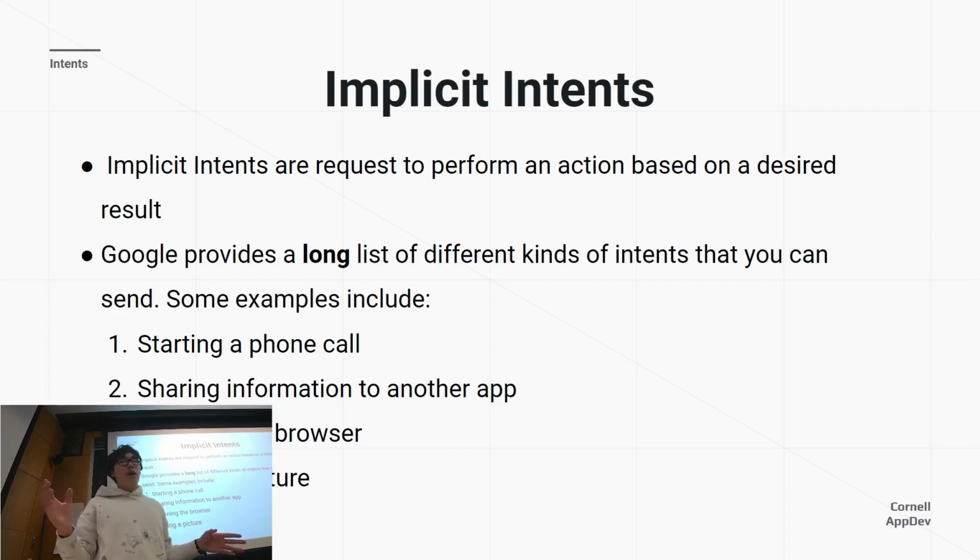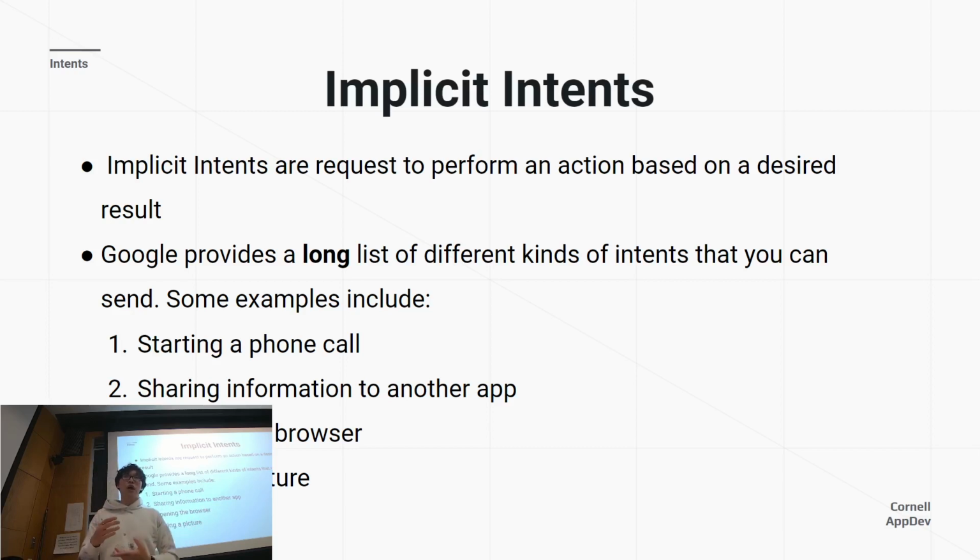Also, some implicit intent structures require you to send in extra information. For example, if you're trying to write an email, you need to give it specific information, like who you want to send it to, the body of the text, and the subject of it.